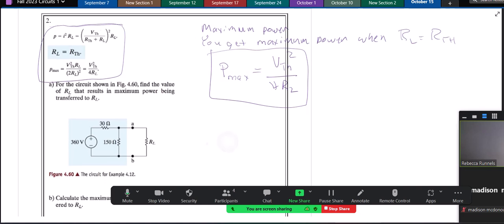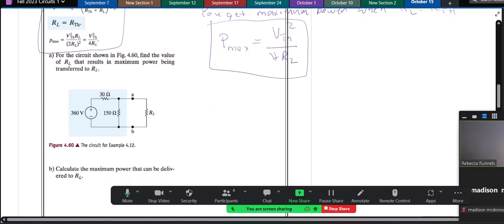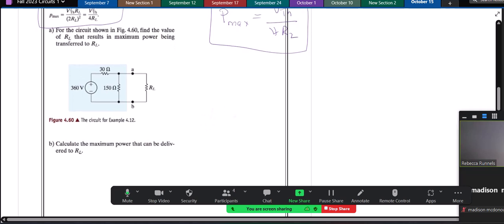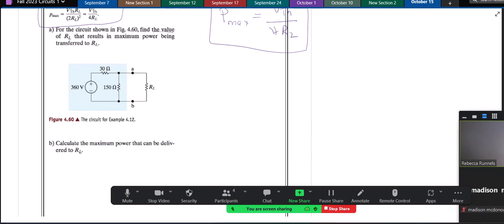And so in this problem it says, for the circuit shown, find the value of RL that results in maximum power being transferred to RL. Well, we get maximum power when RL equals R Thevenin. So let's find R Thevenin.